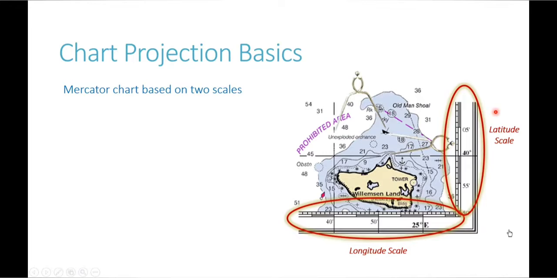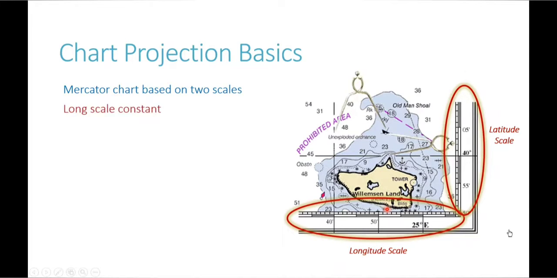Now, both these scales are different from each other. That means 1 minute of latitude will be different from 1 minute of longitude. They are not same. It is a property of the Mercator projections that these scales are different.